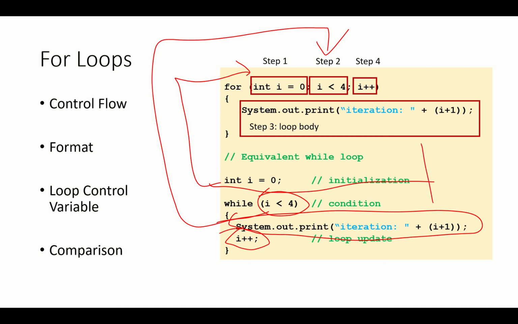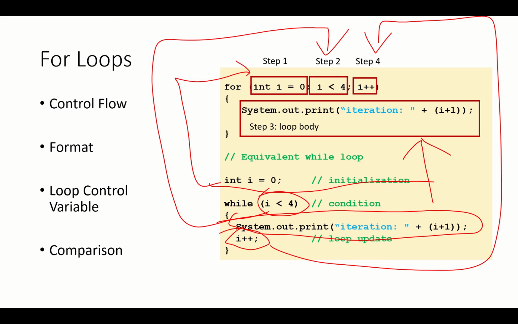So this runs here, this runs here. You can see the while loop will execute this code in order, synchronously, step by step: step 1, step 2, step 3, step 4.